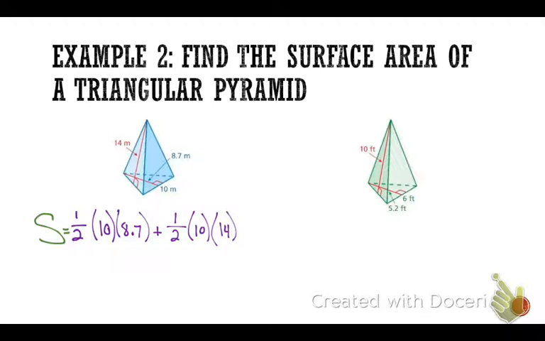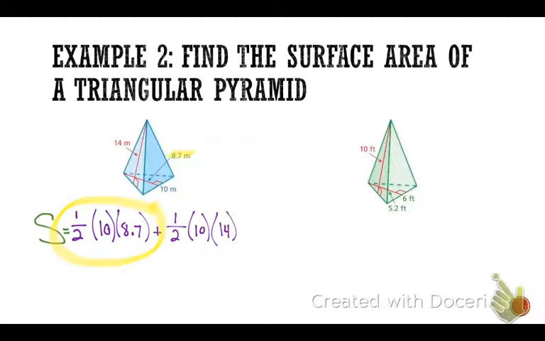Okay, so look here, focus in on the base here. Do you see how this is the base of the pyramid? This 8.7 right here, it's pointing to the height of my base. Don't forget your formula. The height of your base. Okay, that's how you find the area of a triangle. You're trying to find the area of your base. Your base is a triangle.